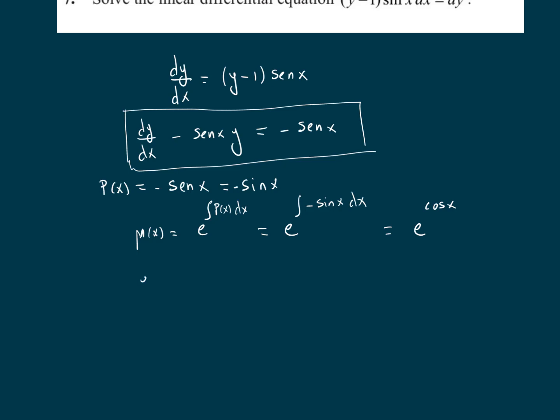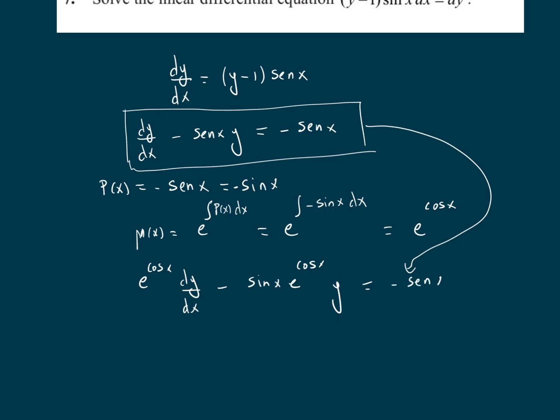So it would be e to the cosine of x times dy/dx, minus sine x e to the cosine of x times y, equal to minus sine of x multiplied by the integrating factor e to the cosine of x. What I have done is multiply the whole equation by the integrating factor e to the cosine of x, and I have obtained this equation.